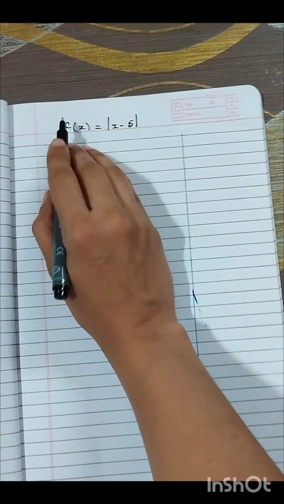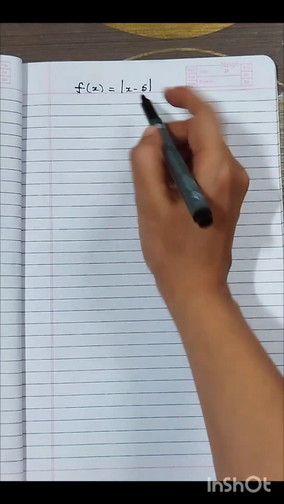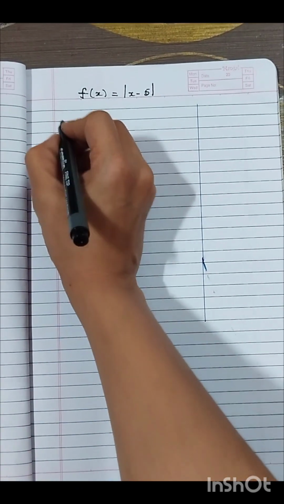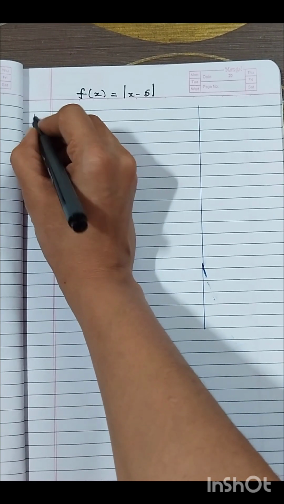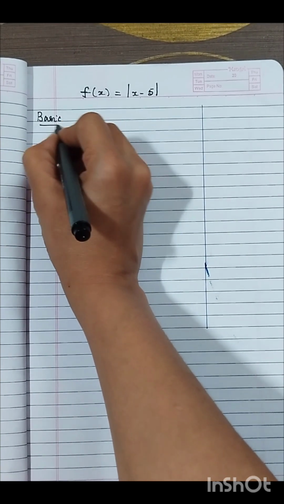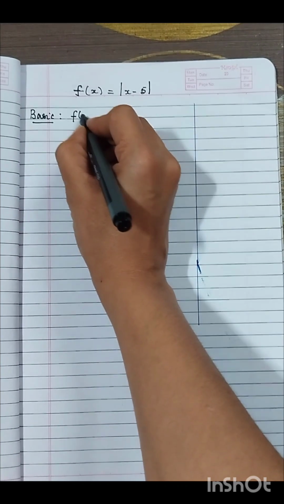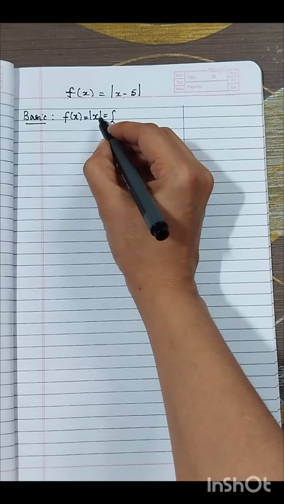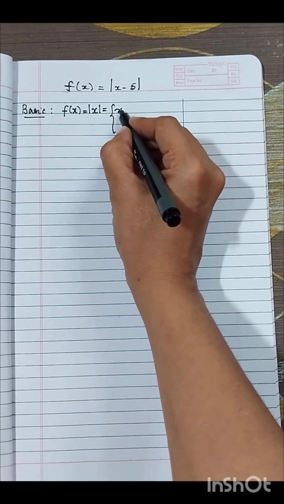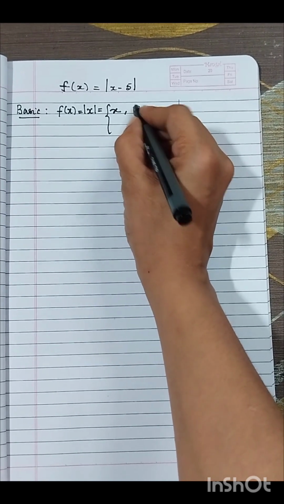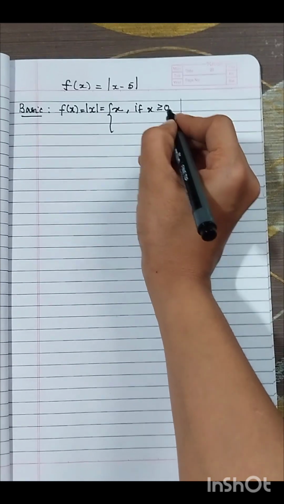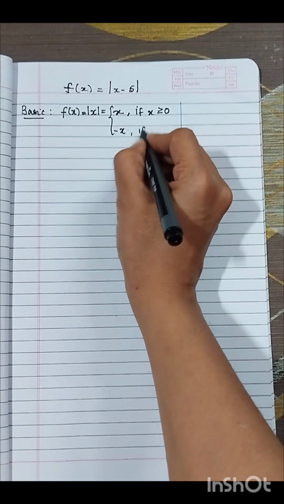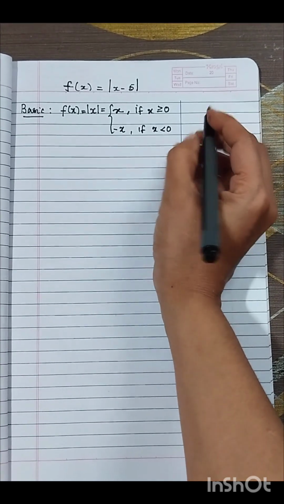So here I have written f of x is equal to modulus of x minus 5. What is the basic function here? The basic function is f of x equals modulus of x, which is equal to x if x is greater than or equal to 0, and modulus of x is equal to minus x if x is less than 0.